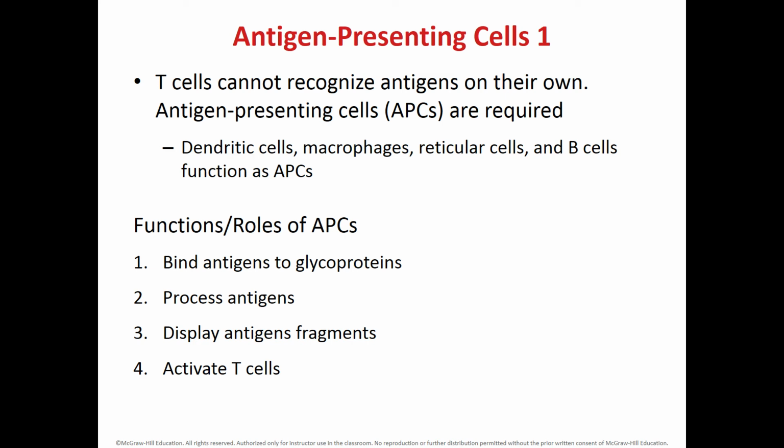Your T cells and your B cells have to be exposed to these antigens. And these antigens will be presented to the T cells and the B cells by the antigen presenting cells, which are the dendritic cells, the macrophages, reticular cells, and some of the B cells themselves.